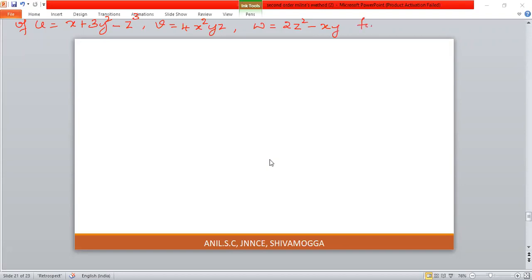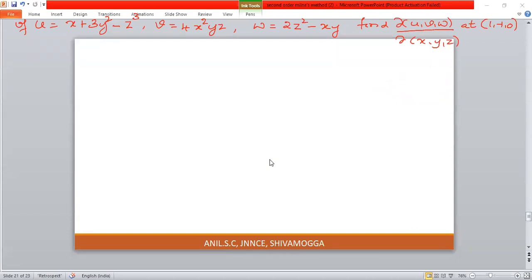Find del of UVW divided by del of xyz. That means the Jacobian of UVW with respect to xyz at the specified point 1, minus 1, 0. This is a problem from the June 2019 question paper.